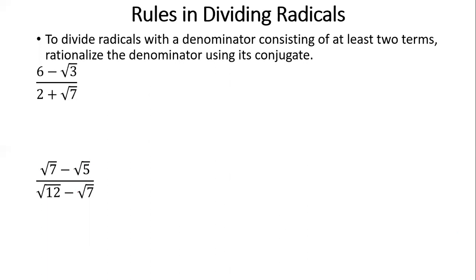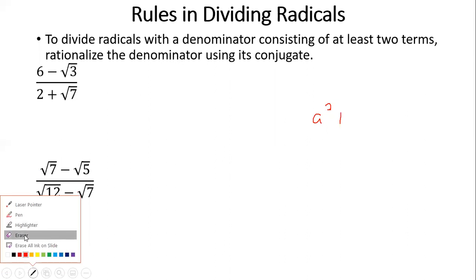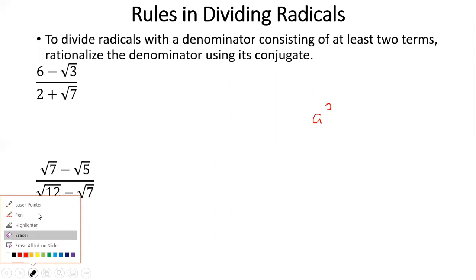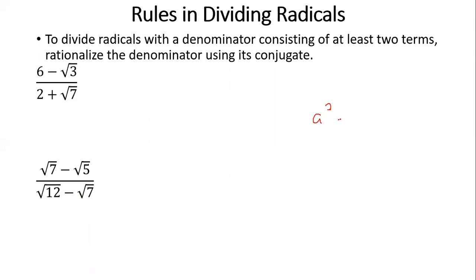Na kung saan, so just to remind you, that a squared minus b squared equals a plus b times a minus b.